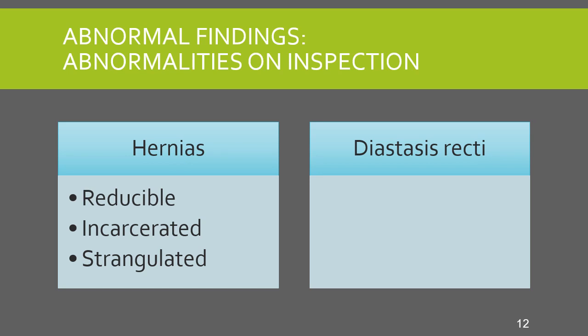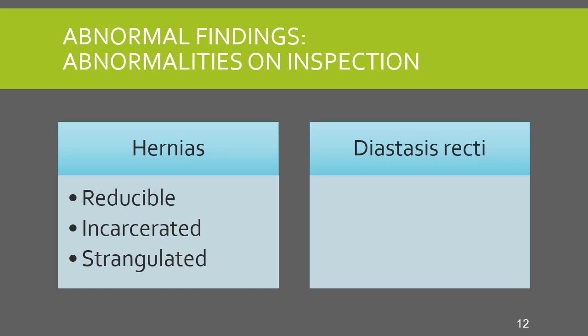So a strangulated hernia is stuck. If you think about incarcerated as being kind of like in jail but still alive, strangulated is like actually being strangled, and there's no blood flow and they're going to die. So they usually have severe pain. Oftentimes it turns purple or blue because the tissue is getting cyanotic.